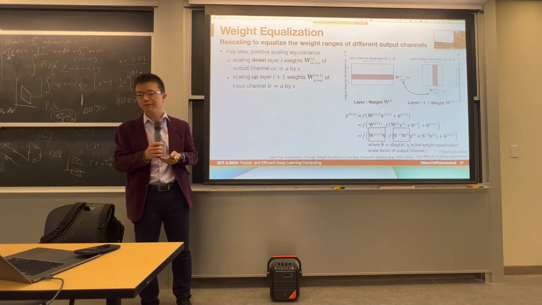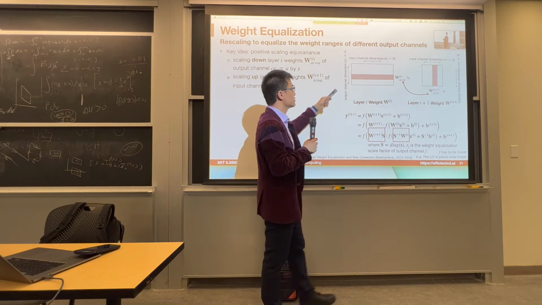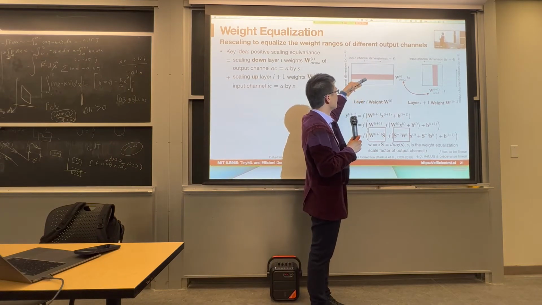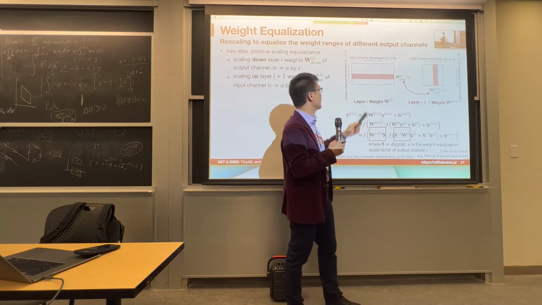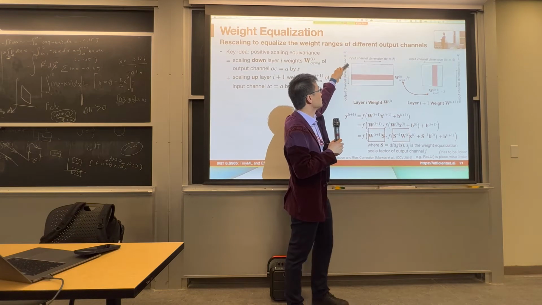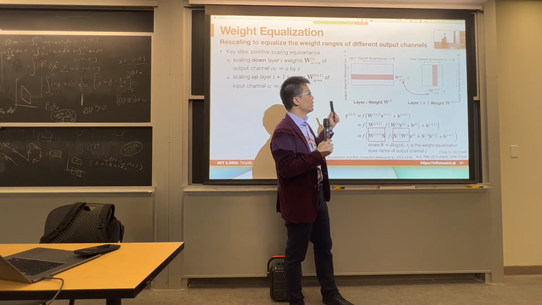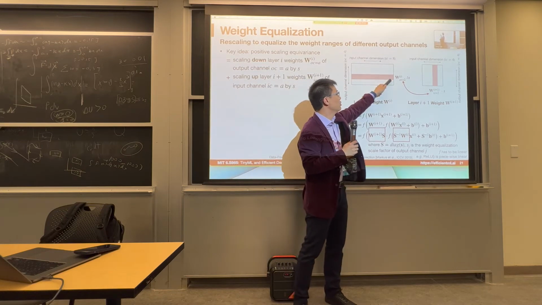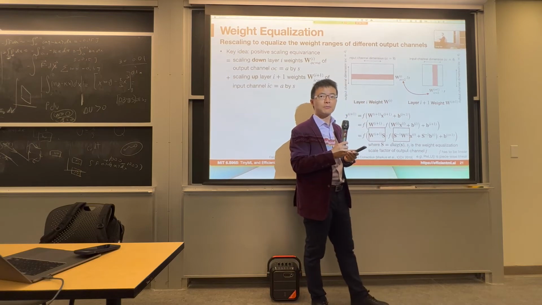So imagine we have two consecutive layers. This is the ith layer. This is layer i plus 1. This is the output channel dimension. This is the input channel dimension. Imagine we have the row of the ith layer versus the column of the i plus 1 layer.